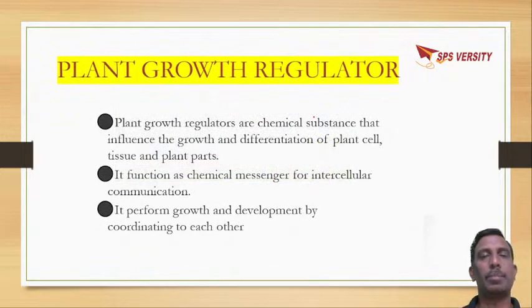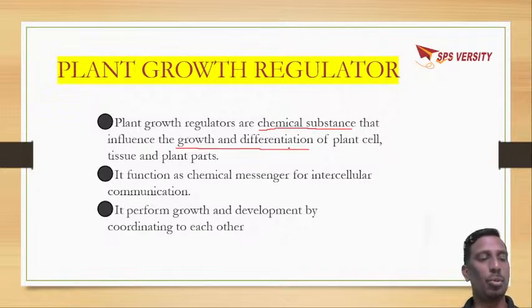So what is meant by plant growth regulator? Plant growth regulators are chemical substances that influence the growth and differentiation of plants. It will influence the growth and differentiation of plant cells.